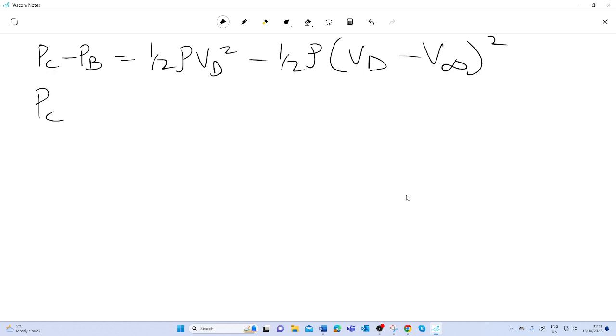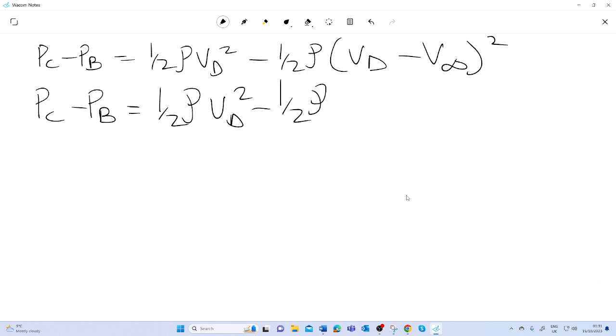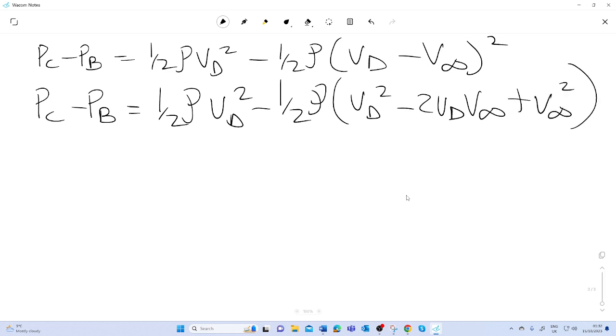Our PC minus PB equals half rho VD squared minus half rho (VD squared minus 2VD V infinity plus V infinity squared).